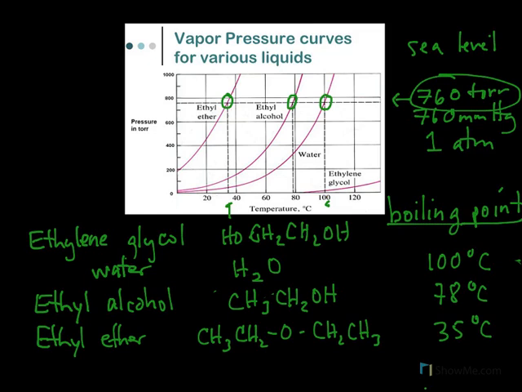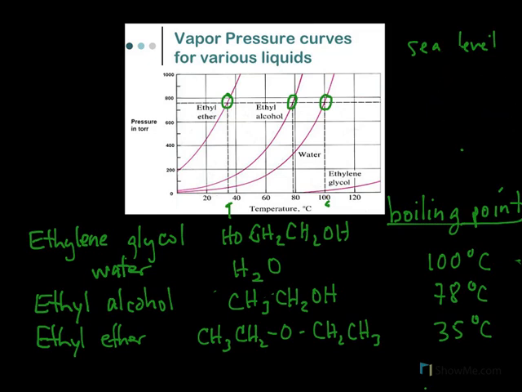Now, we see that ethylene glycol does not intersect the 760 torr until, if you extend the graph, the line goes all the way out here. Whatever this temperature is, which is very high obviously, if you go down, that would then be the boiling point of ethylene glycol.